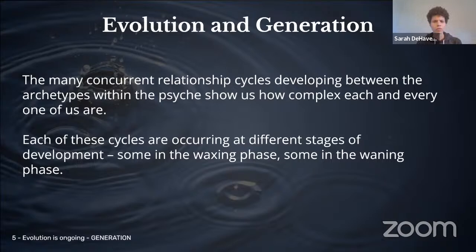It's very subjective and can be quite myopic, the new phase, for example. And yet they're exactly where they need to be at the point that they're at. They can't skip the line and go into fruition, 2 planets or points, if they're still in the phase of self-discovery, right? Just as an example. So each of these cycles are occurring at different stages of development, some in the waxing phase, some in the waning phase.